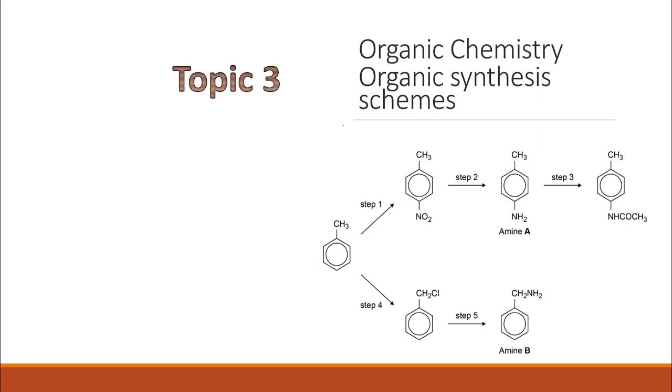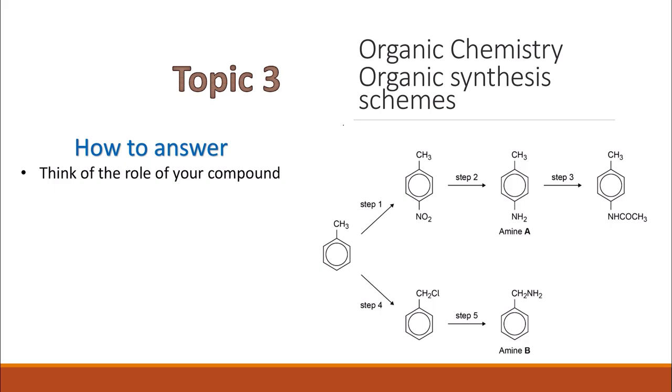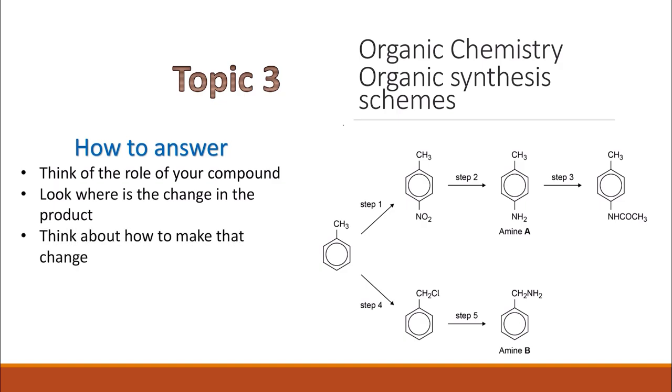Finally, the organic synthesis scheme. There will be an organic synthesis scheme like this one in your exam. You need to know how to answer this type of question and how to think about the different reactions. First of all, think of the role of your compound or of your reagent, whether it's an electrophile or a nucleophile, or if it's a base. And then look where the change in the product took place, and then think about how to make that change.